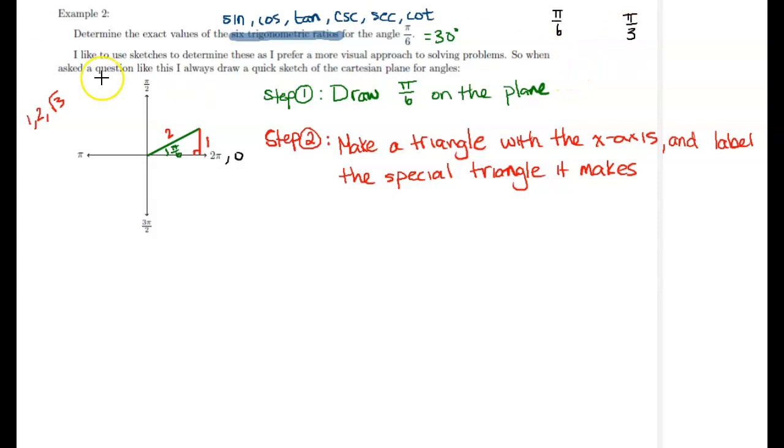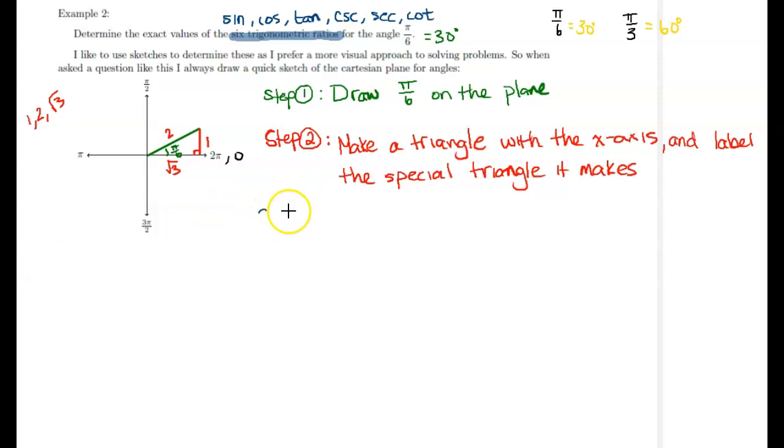But you can think about it: if you're cutting a pie into 6 pieces, you get a smaller slice. Smaller slice means a smaller angle. Or if you cut a pie into 3 pieces, it's a pretty big slice, which means it would be the bigger angle. So that's a little trick I can remember to help me here. So if that's 1, that's 2, that makes this down here root 3.